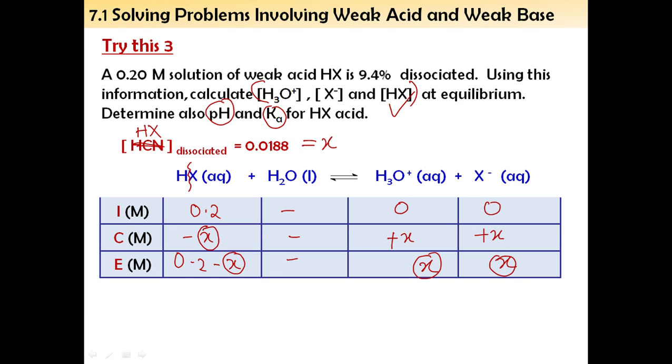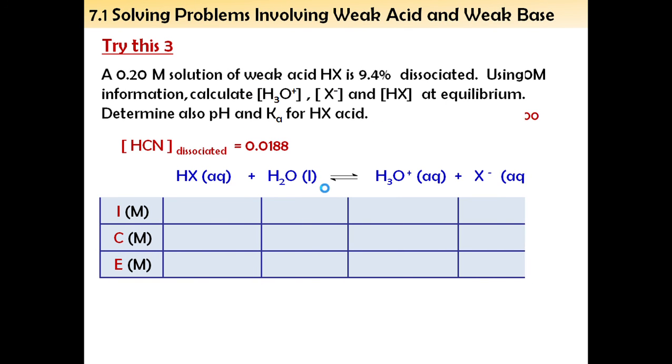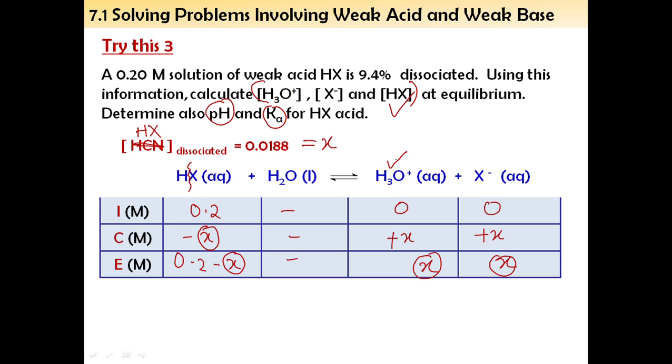So, untuk pH, negative log H3O plus kan? Okay. Kejap. So, bila dah ada nilai concentration H3O plus, bolehlah cari pH. Ka. Bila dah ada concentration at equilibrium, bolehlah cari Ka. Okay? So, I want you to settle this and upload your answer.